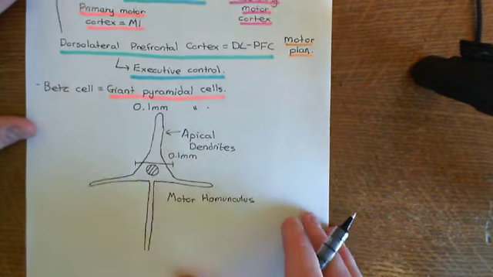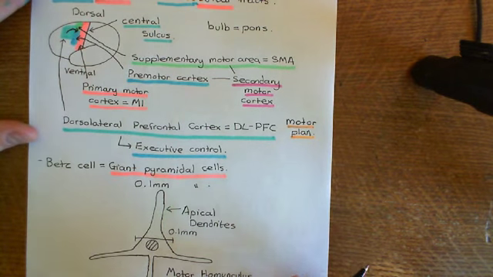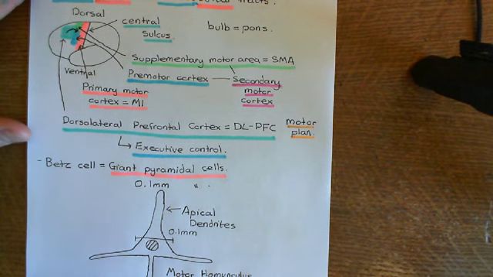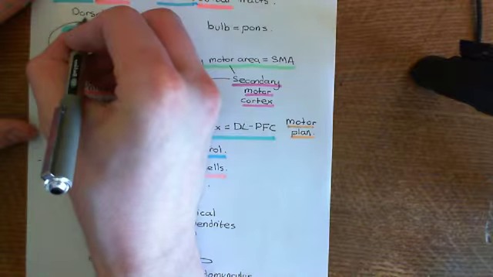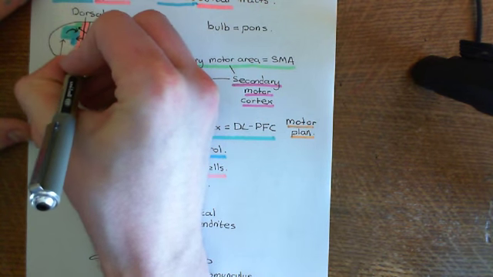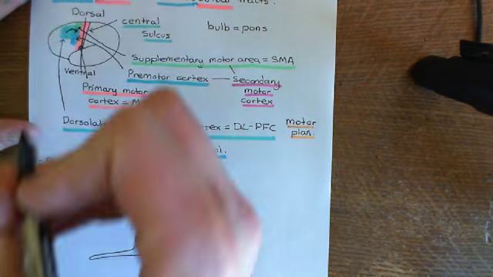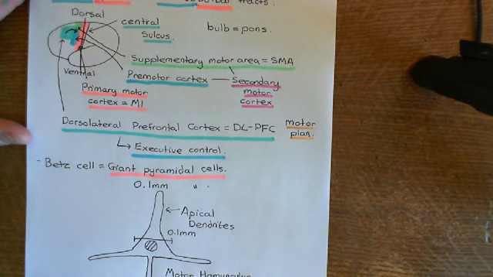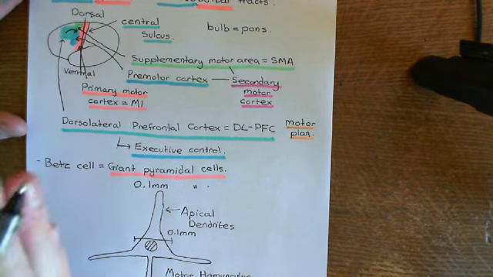Okay, so what we're going to do is we're going to draw the primary motor cortex from a different aspect now. What we're going to imagine doing is taking a coronal section of the cerebral cortex here, specifically the left hemisphere cerebral cortex.